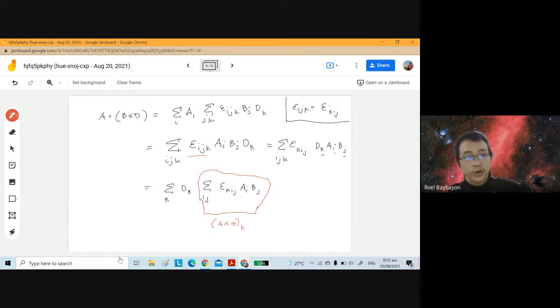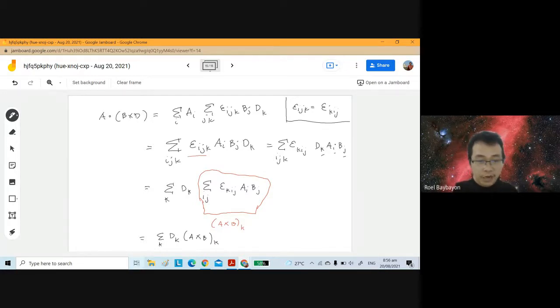So therefore, I can write it as the summation over K of DK, A cross B of K. And this is just the definition of a dot product.